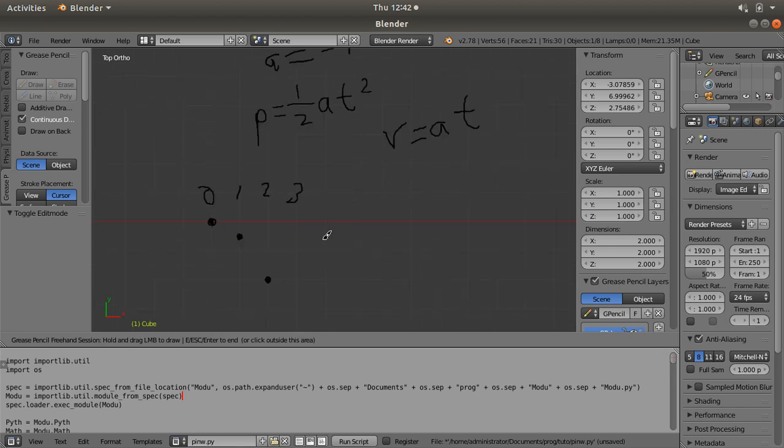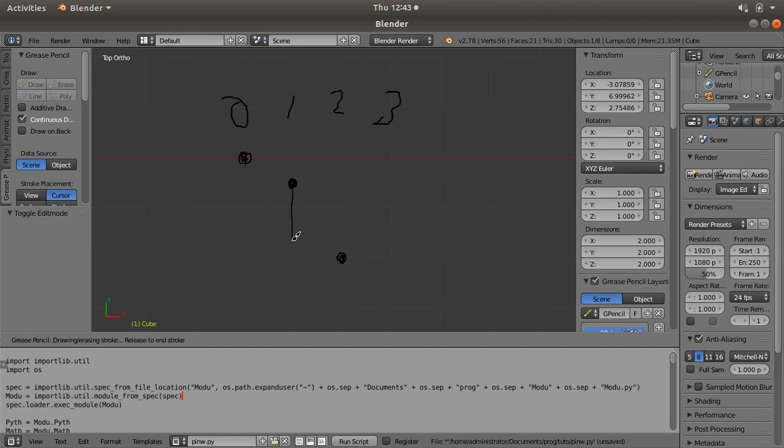At 1 second, velocity is -1. So I'm going to draw a vector that has the length of 1. After 2 seconds, velocity is 2. So draw a vector with length 2. After 3 seconds, it's 3. 1, 2, 3.